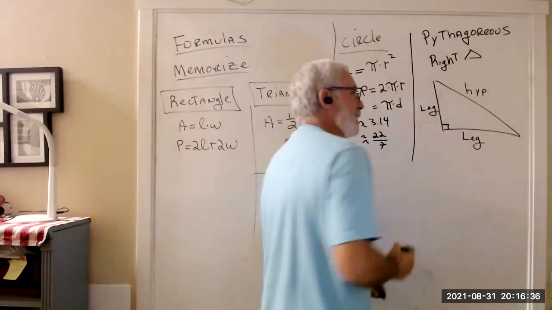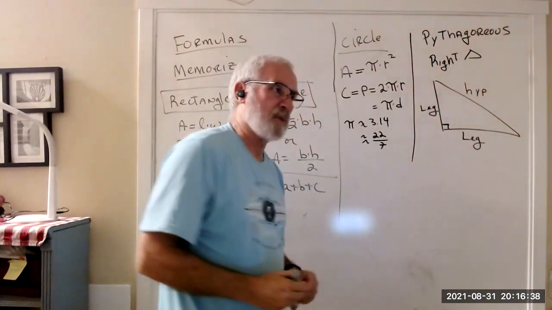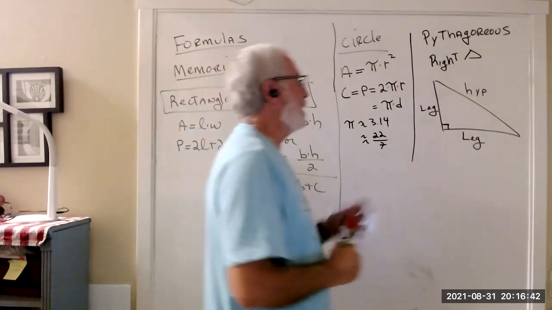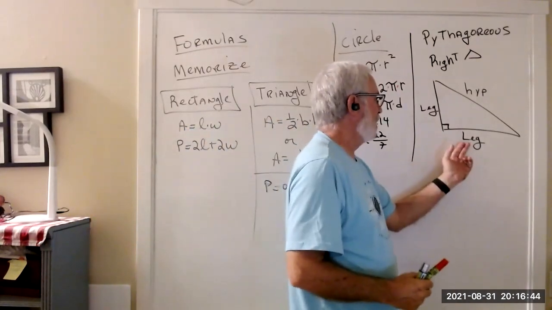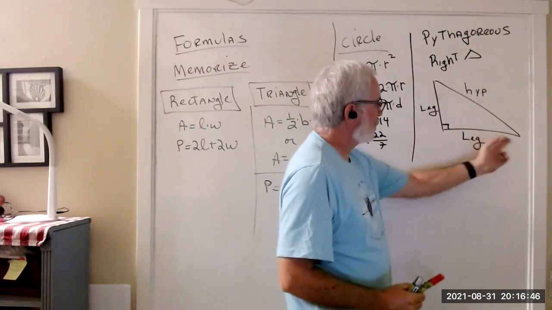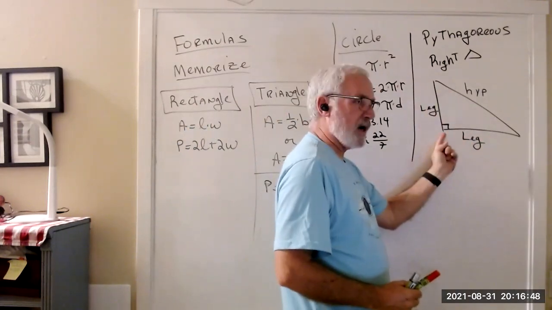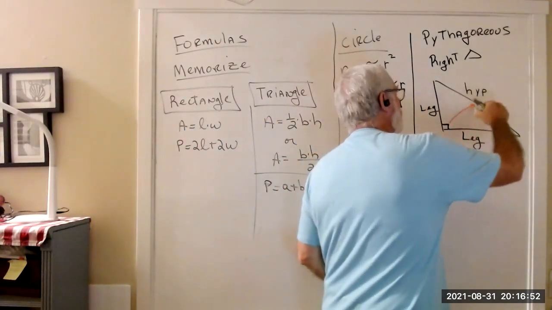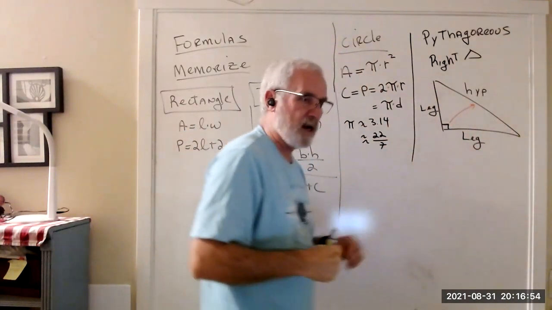And nobody can spell it, so we just abbreviate it HYP. Okay? And he figured out that if these are the two legs, notice the two legs make the right angle. And notice also the hypotenuse is always across from the right angle.